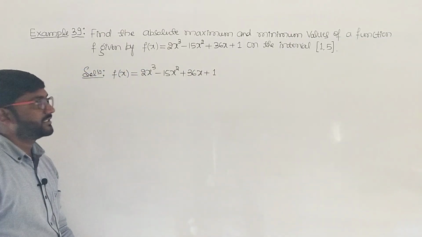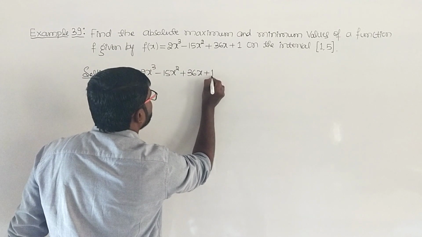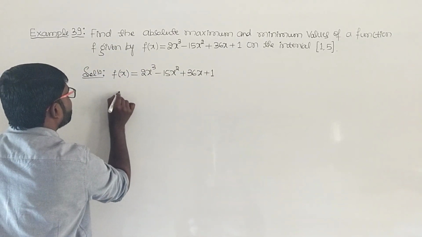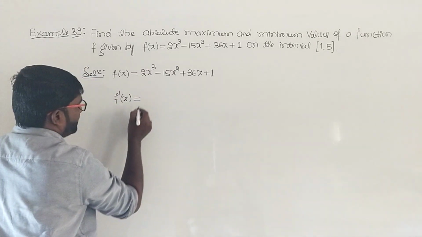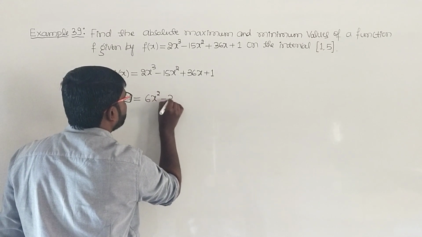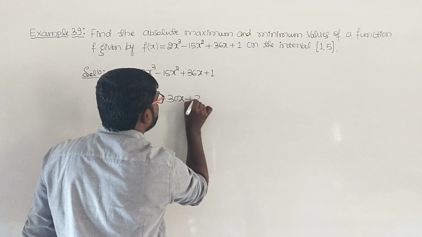This is the given function. We will have to differentiate this with respect to x. So here f dash of x equals 6x square minus 30x plus 36.